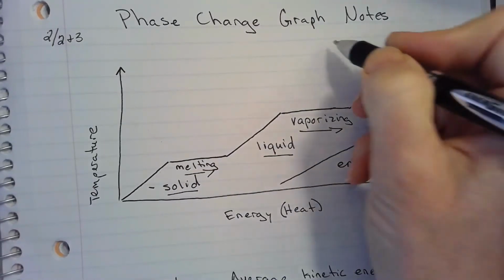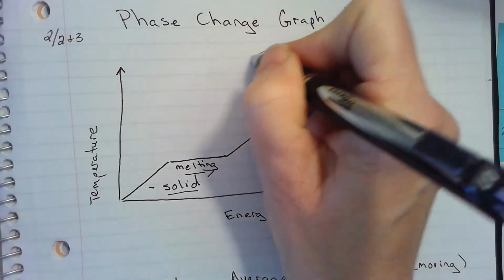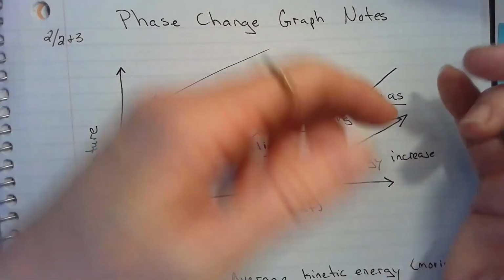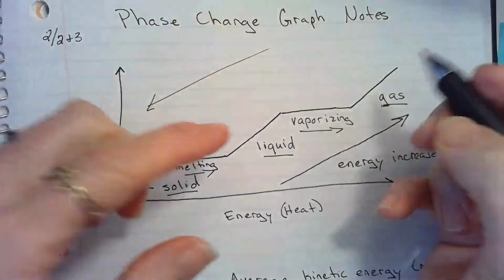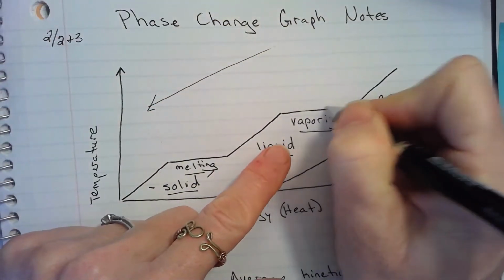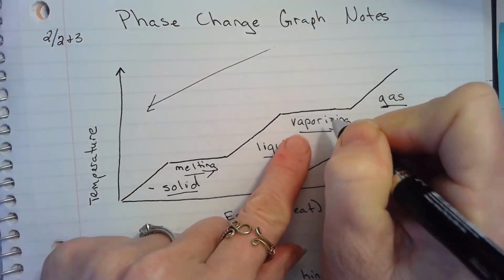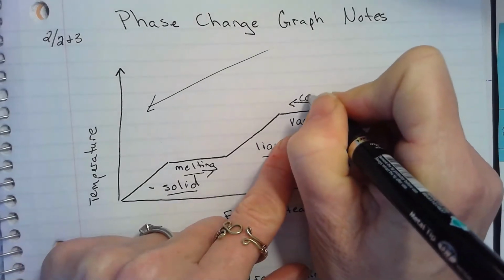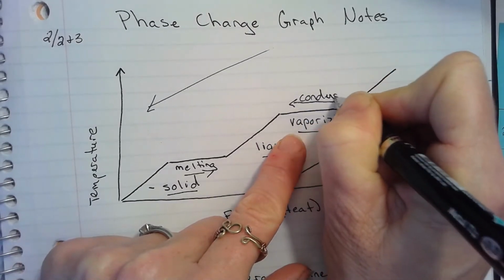Now, I can go this way with the arrows. There's a lot going on. Now, if I decrease, if I'm going down, it's the opposite. It's still a gas, but as I remove the energy, it's no longer called vaporizing, but at exactly the same temperature, this is now condensing.